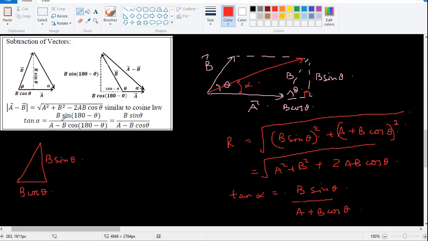B sine theta. So if I do the right triangle, oh, the right triangle will not work here, because here this right triangle worked. Here it will not be a right triangle. So similar to cosine law, using cosine law, I would have found this one, right? I wouldn't have used the right triangle here. But for the alpha, I think I'll be using it.